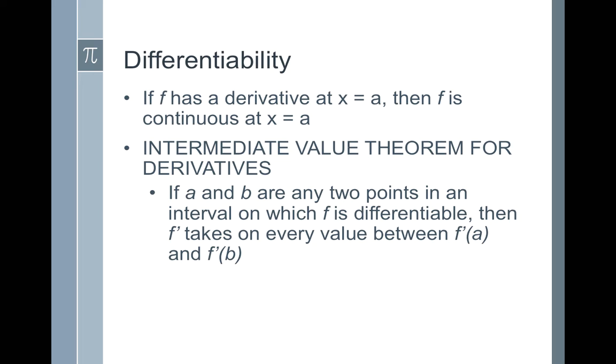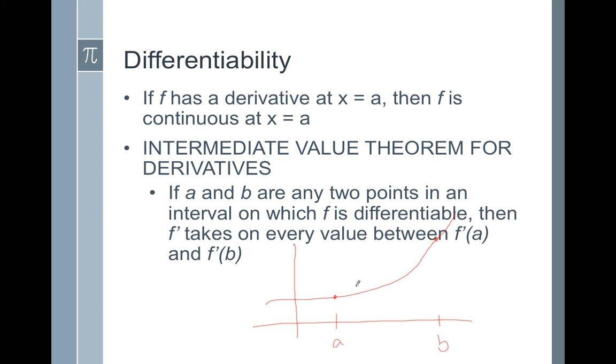So the question is, what does that even mean? Let's take a look at what that could mean. If I was to have some function being differentiable and continuous between A and B, I'm opening up my textbook to that section so I draw the picture correctly.